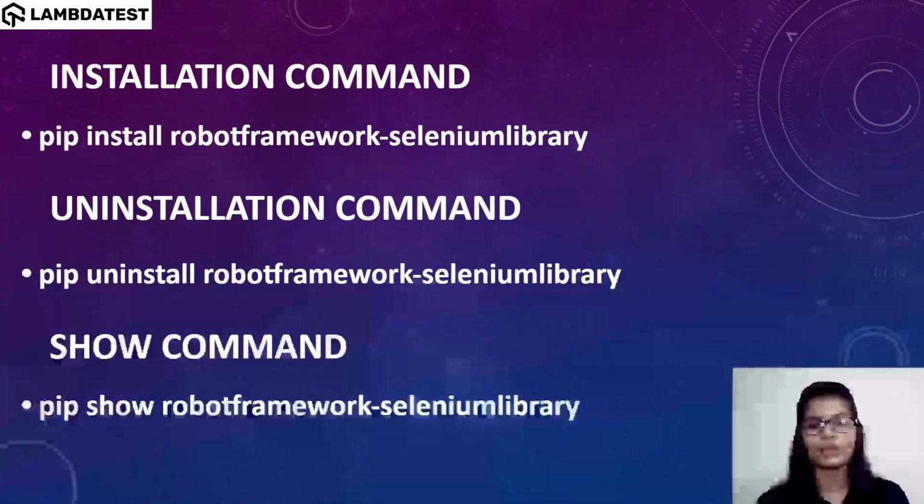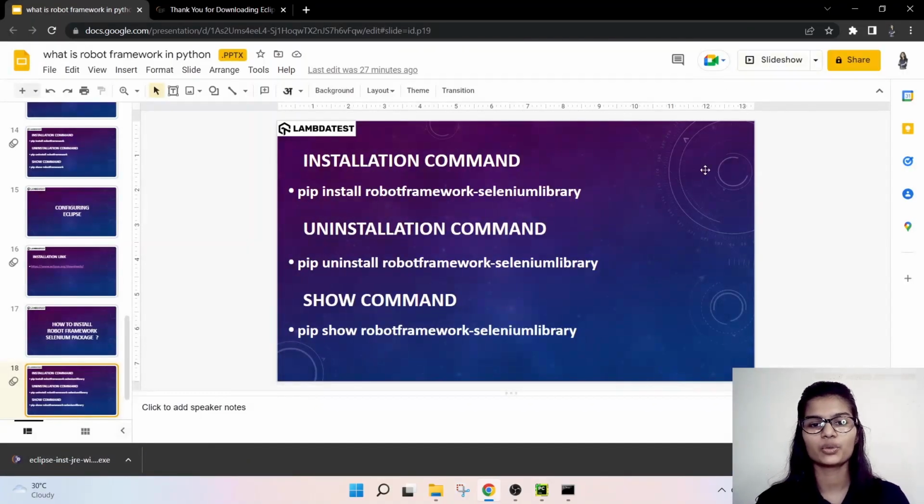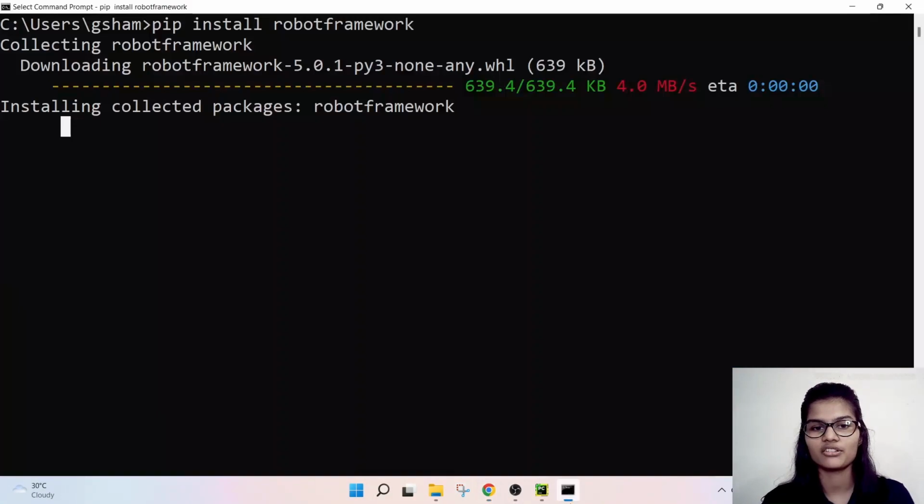For the show command, it is pip show robotframework-seleniumlibrary. So I'm going to take you over my command prompt once again, and there I'll show you the practical demonstration for this.